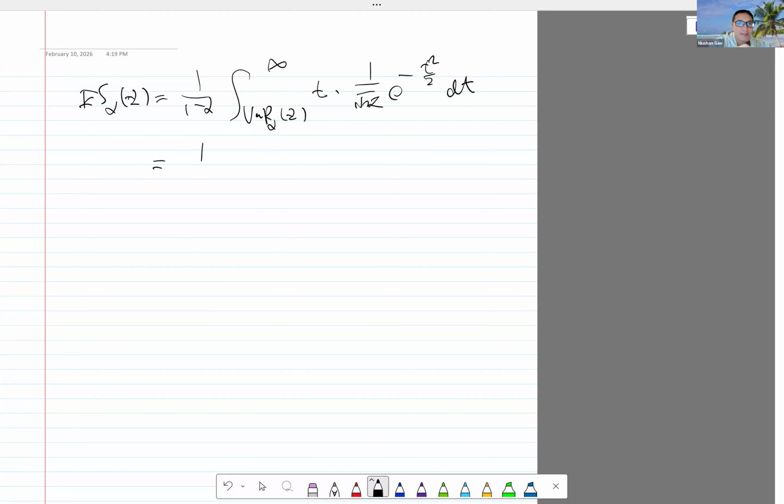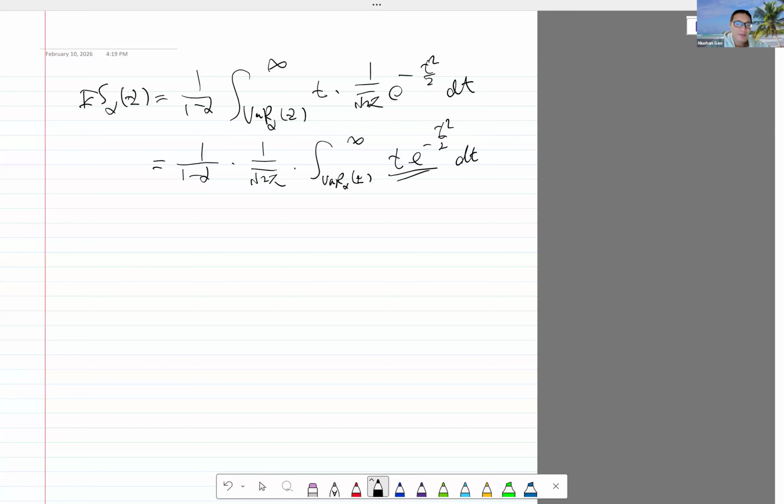So if you do it out, it becomes this one. This is t times e to the negative t squared over 2 dt.